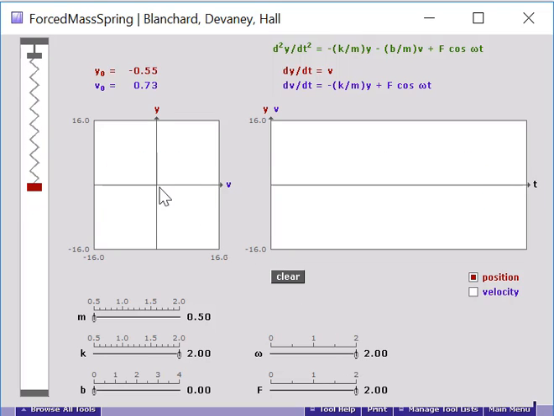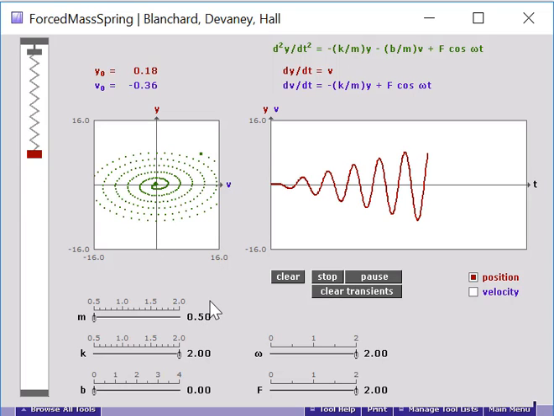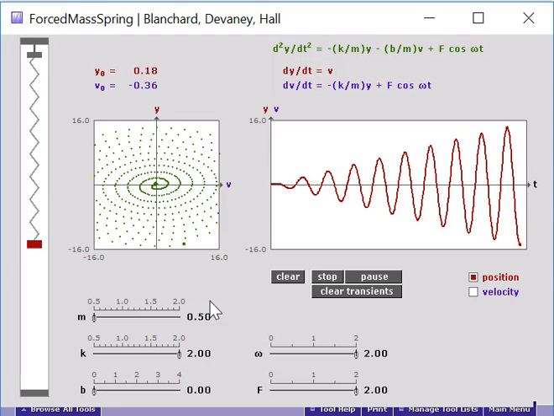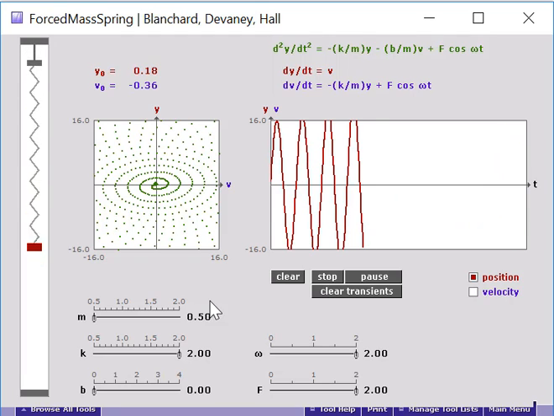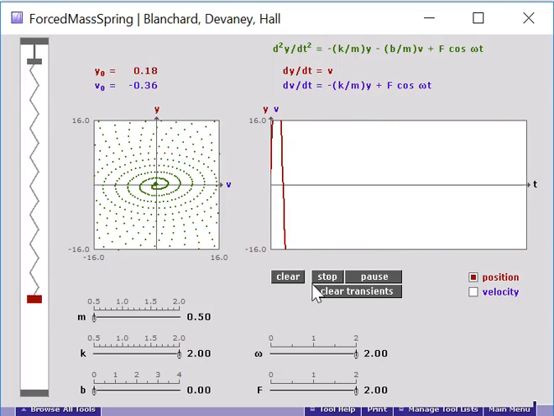And once we get the resonance, where the natural frequency and the forcing frequency are the same, we get an increase without bound of the amplitude. All right.